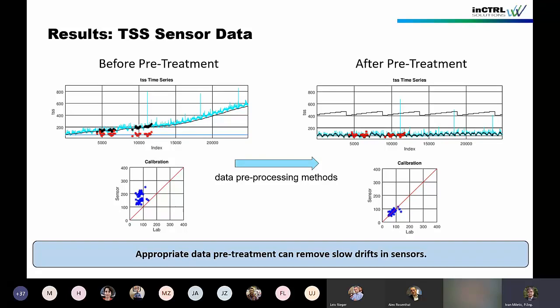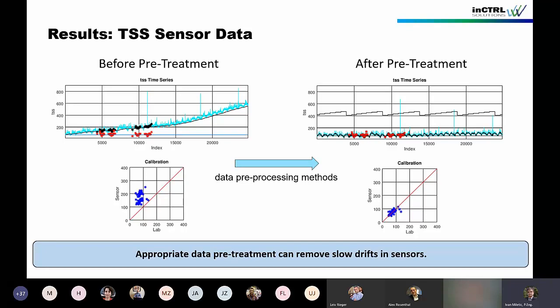Once you have that, you can subtract it from each measured value and then add back the center value that you get from the lab, which gives you a corrected sensor. So now the sensor corresponds to the lab values. It's stationary. There could be some slight drift still left in there, but it's generally stationary, and the lab values match up with the sampled sensor values fairly closely.